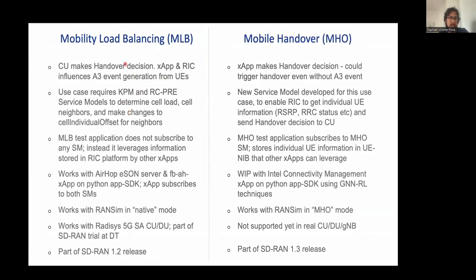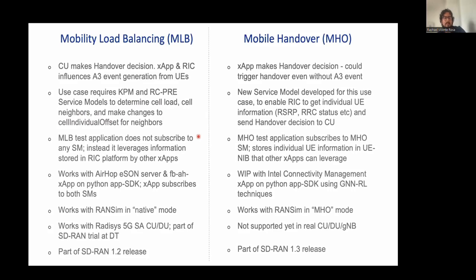In the case of mobility load balancing, the control that the components had over the E2 nodes was defined by the configuration of a control parameter, cell individual offset, that programs the CU component to trigger the handover of a UE during an A3 event.